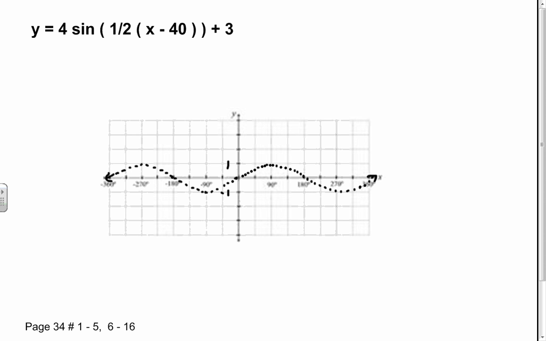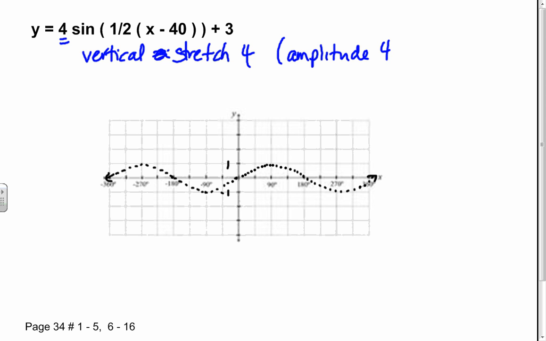I always do that first before I do translations. Then I always work left to right. It avoids order of operations errors. First thing I see is that 4. It's out in front of the function like our a value. It is a vertical expansion. Sorry, you use the word stretch. Factor 4, which means that the amplitude is 4. There are no negatives, so it's not upside down.